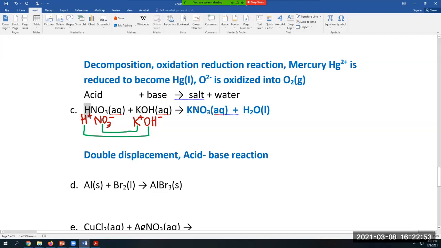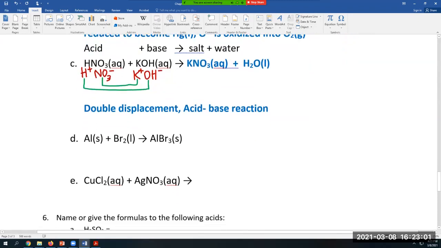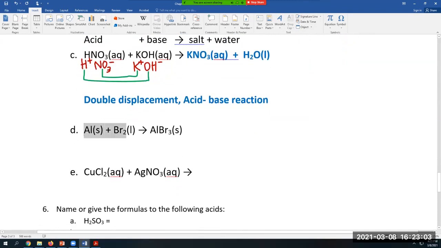And then the H plus plus the OH minus make one molecule of water. So this is balanced. Let's look at example D. It's already written for you, the product. So is it balanced? No, it's not balanced.